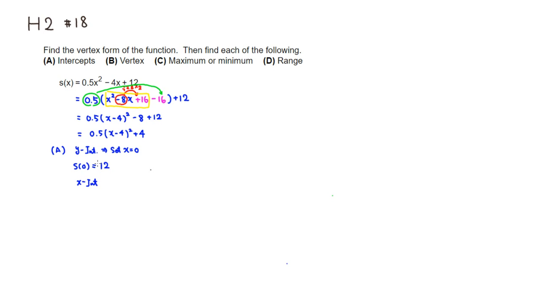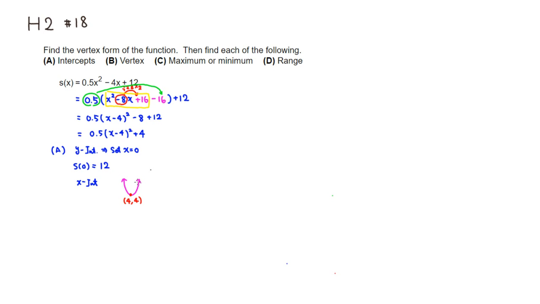This is a parabola, and since the leading coefficient is positive, it's facing upward, so it looks like this. This would be a part B question, but the vertex is here. This is a shift to the right 4 units, so it's going to be 4, comma, and upward 4, so 4, 4.